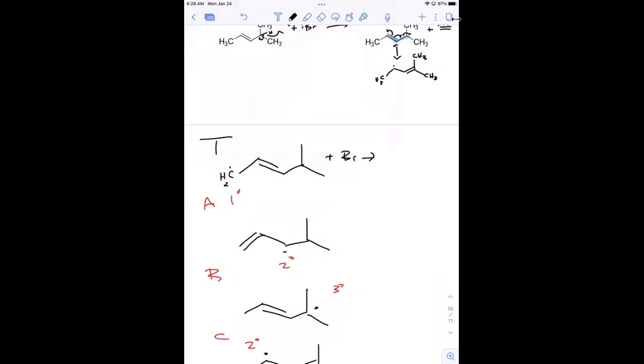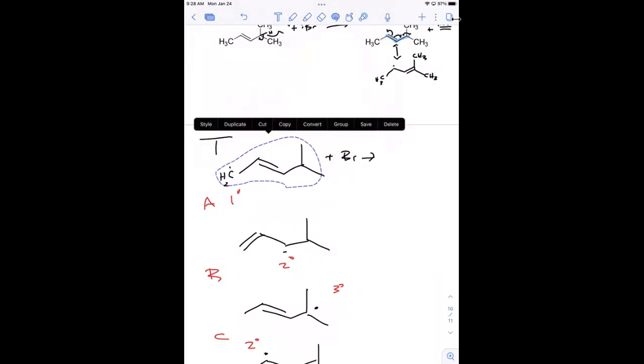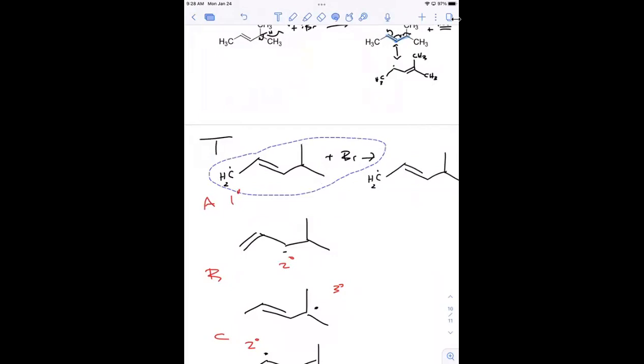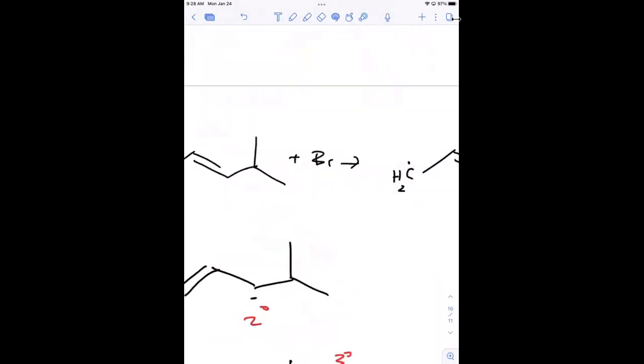All right, so this is going to give you, let me cheat. And remember, we're not terminating with HBr, right? That's a no-no. We are terminating with a bromine radical, which I need to put the electrons in to make that official.